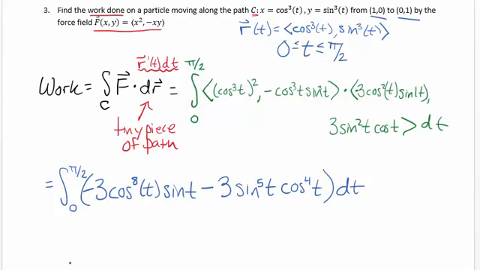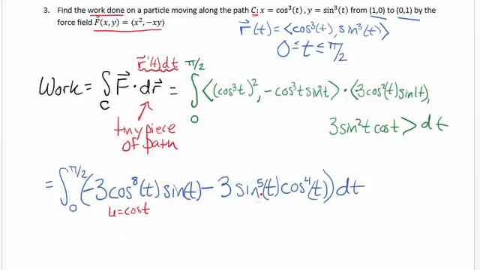At this point, this is just an integration problem. I think we can do these integrals. The first one is definitely just a u substitution. If you use u equals cosine t on this first piece, that's a pretty straightforward u substitution problem. The second one's a little bit trickier.